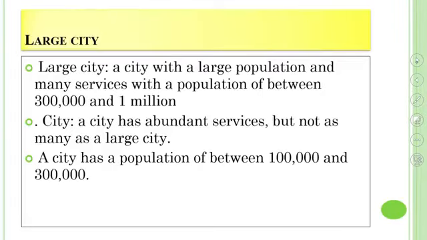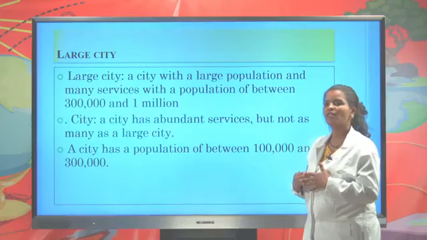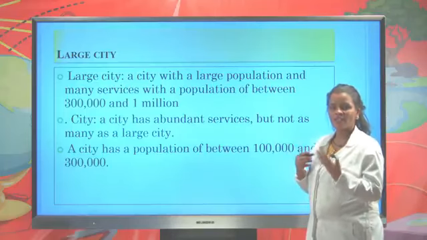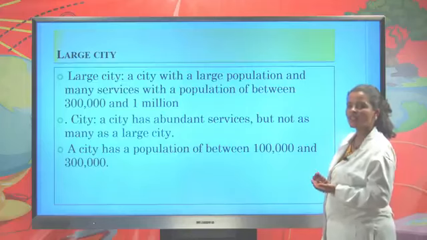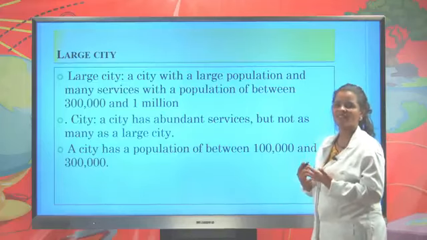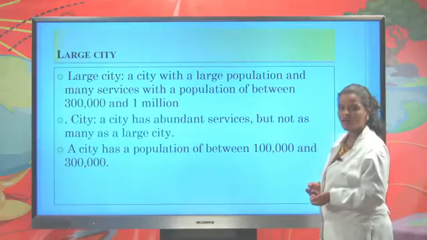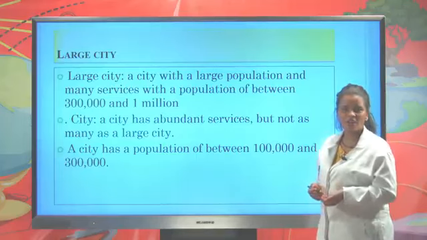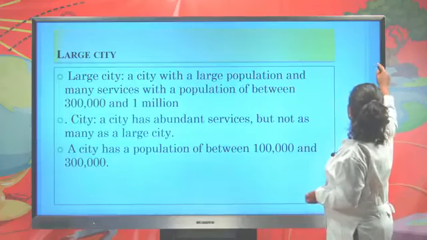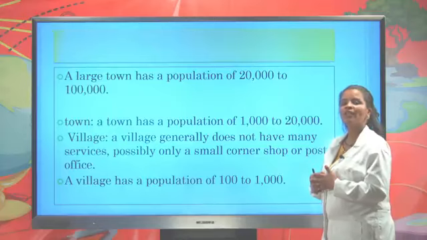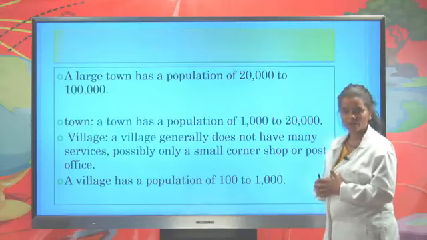A large city has a large population and many services, with a population of between 300,000 and 1 million. A city has abundant services but not as many as a large city, with a population of between 100,000 and 300,000. A large town has a population of 20,000 to 100,000.